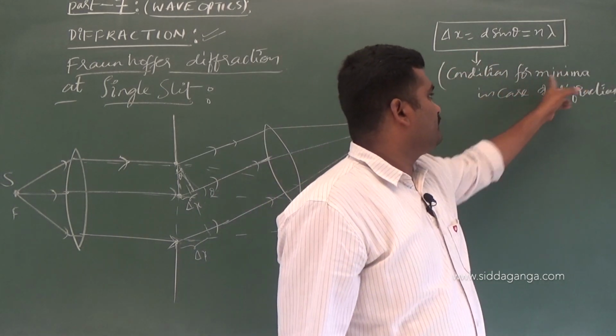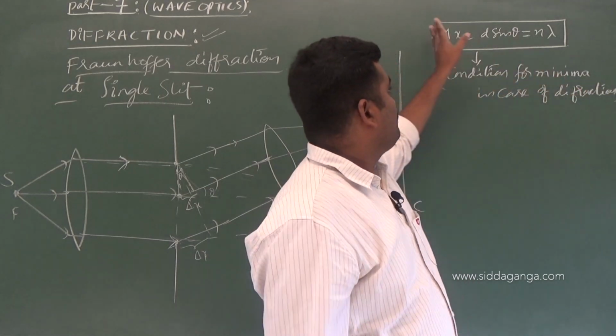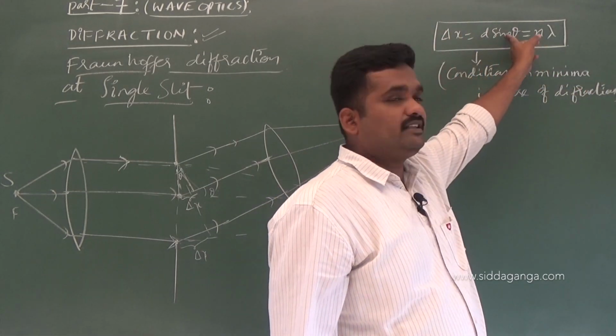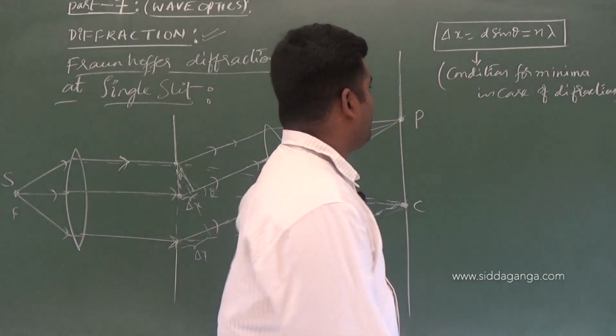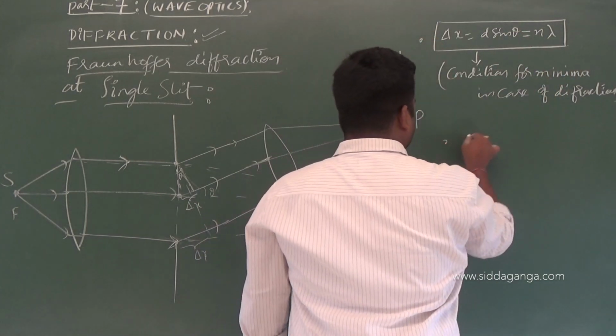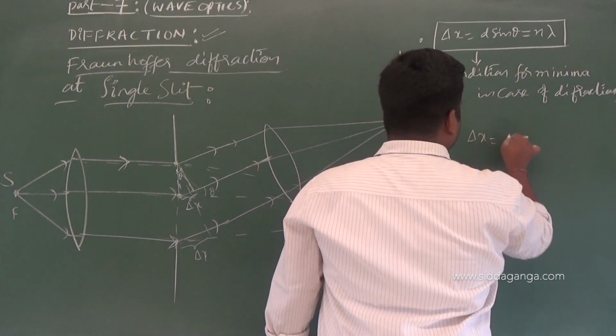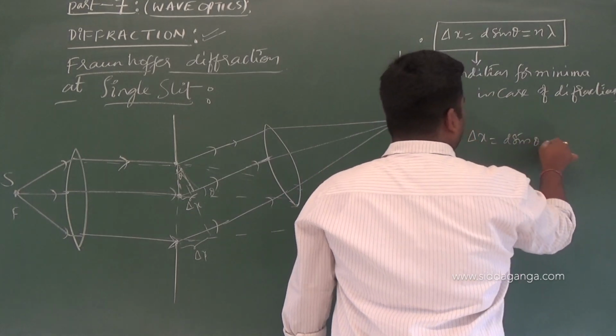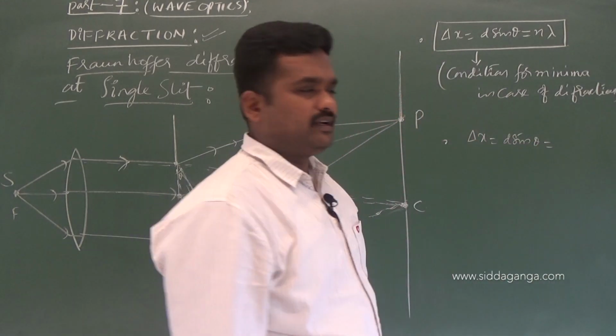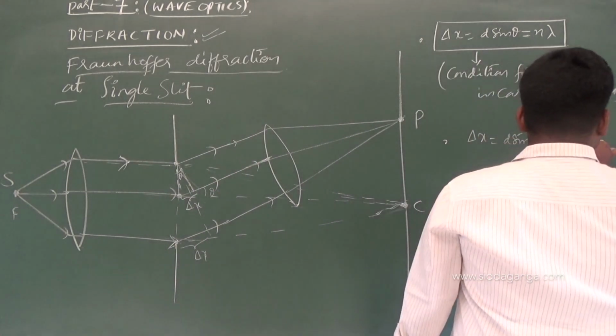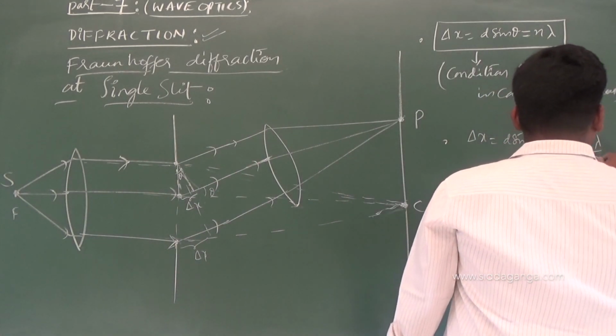Remember, the condition for minima in case of diffraction is path difference delta x, that is d sin theta, equals n lambda. And one more observation: delta x, that is d sin theta, equals 2n plus 1 into lambda by 2.